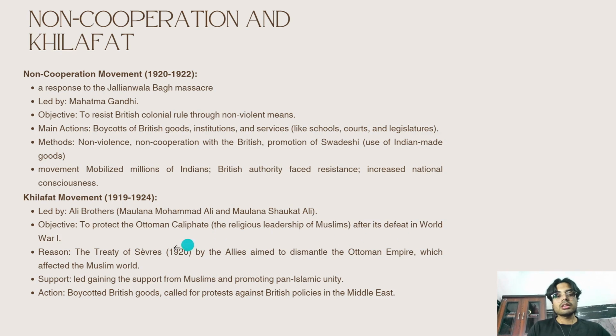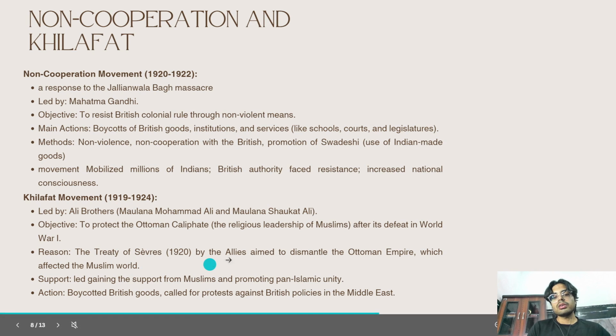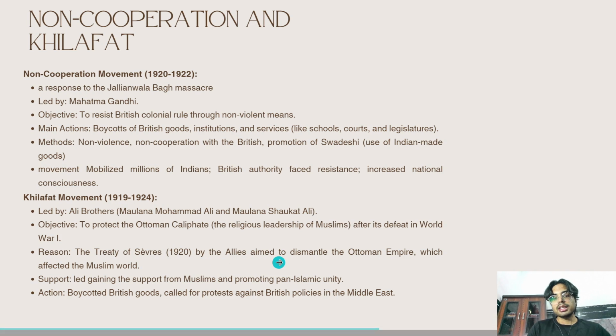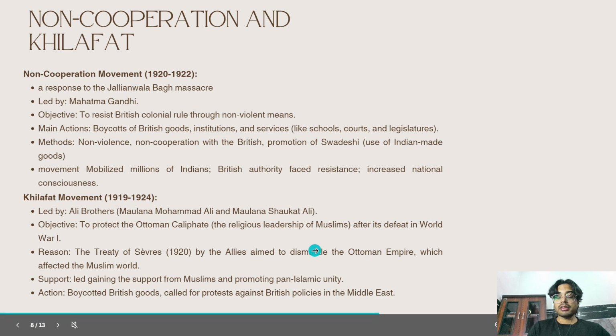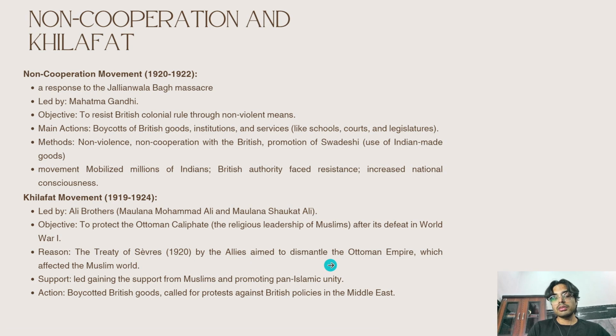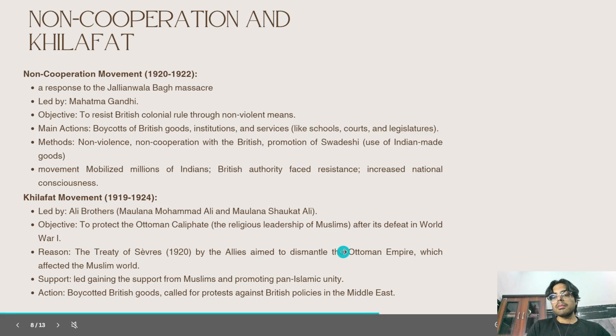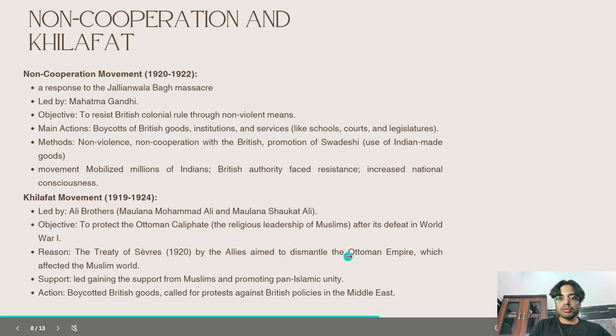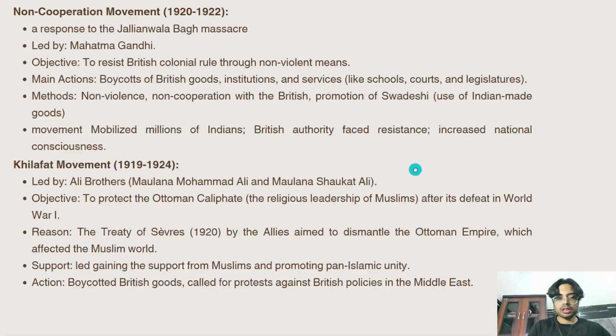After its defeat in World War One, the Treaty of Sevres in 1920 was signed by allies, aimed to dismantle the Ottoman Empire, which affected the Muslim world. So after the war, they lost, and a treaty was signed, according to which they were about to dismantle the Ottoman Empire, which would particularly hamper the Muslim world.